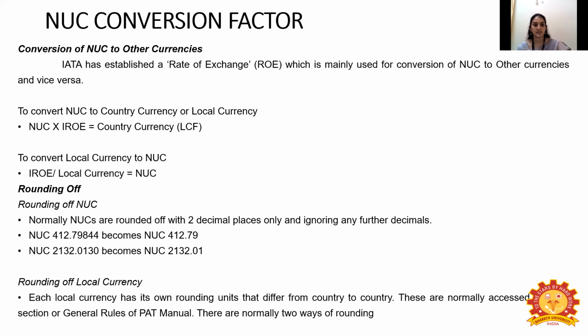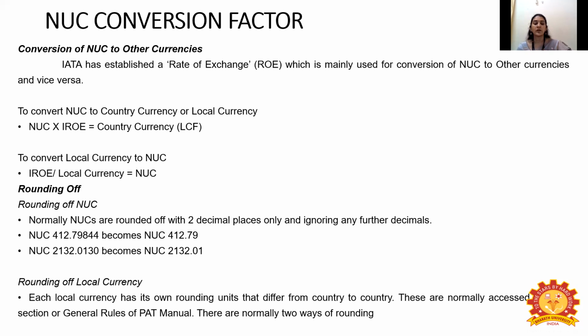IATA has established a term called rate of exchange, which is used for converting the common unit of currency to the other country's currency. This published rate of exchange keeps varying. It doesn't remain constant, and based on that, the currencies are converted.